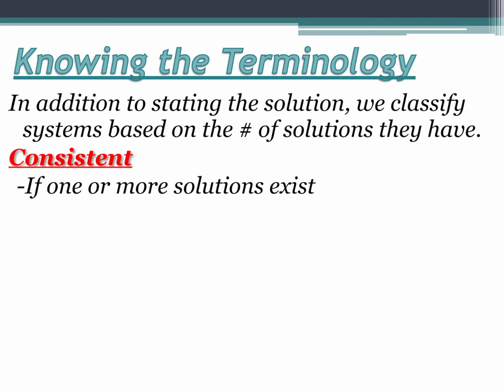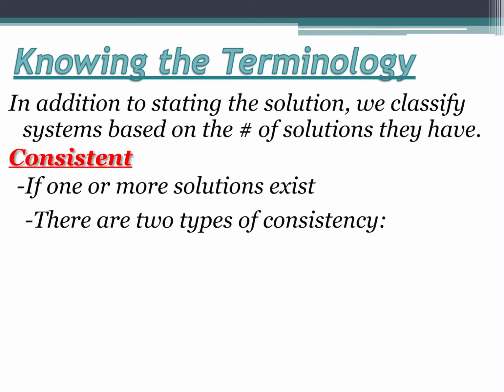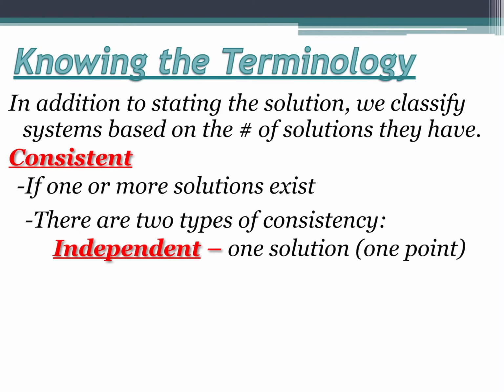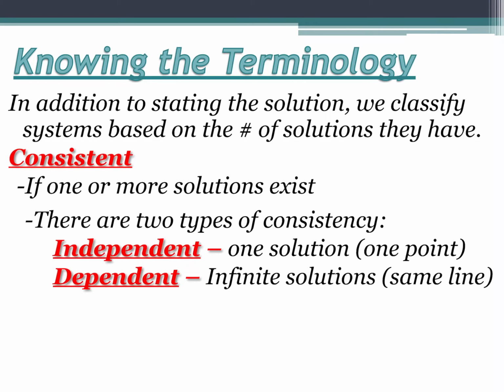We then have 2 different kinds of consistent systems. We have consistent independent, which is specifically for one solution. We then have consistent dependent, which is specifically for infinite solutions.